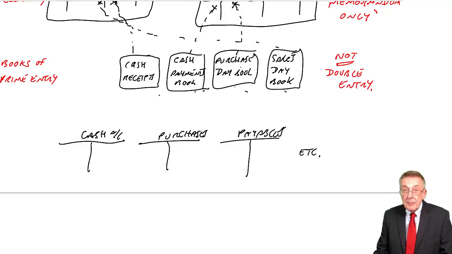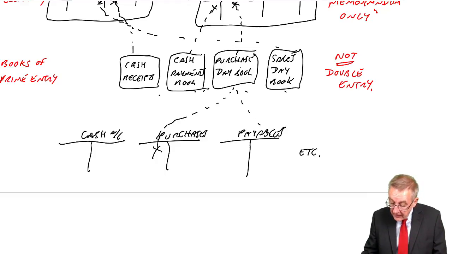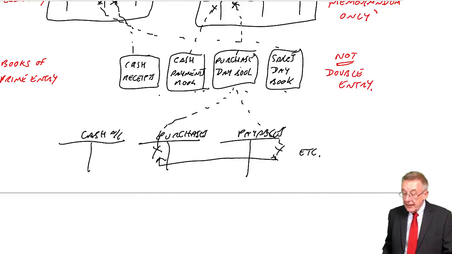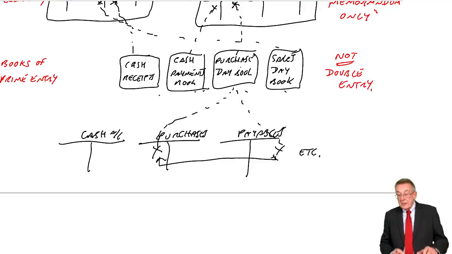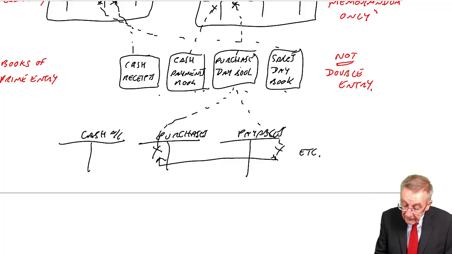And so purchase day book, for instance, we take the total and we debit purchases, we credit payables. And there is the actual double entry. So we get the totals from those 4 books, but we actually do the debits, credits in the nominal ledger.